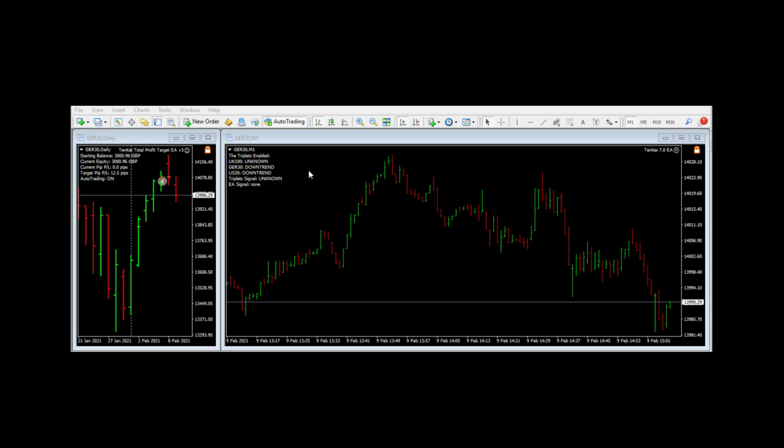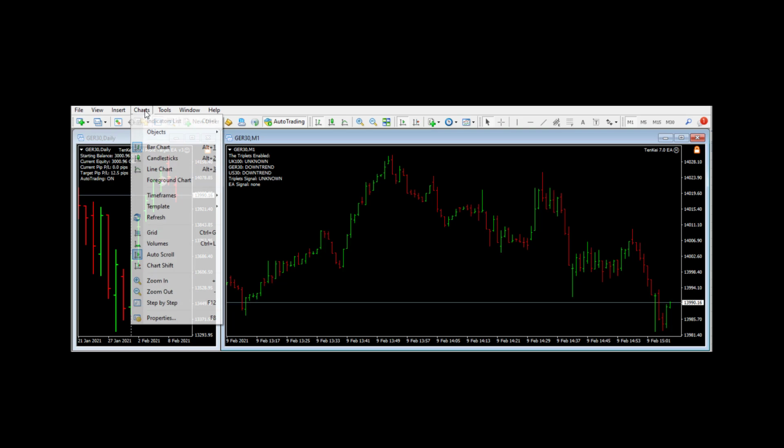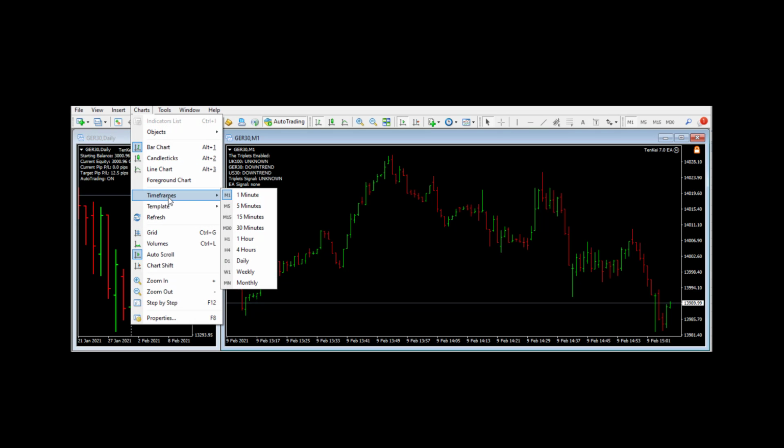Top-down trading states that when you are trading, you look from the top down. This is in reverse order, but top down. Monthly, weekly, daily, 4-hourly, hourly, 30 minutes, 15 minutes, 5 minutes, 1 minute, and you can even go to seconds if you wish. But top-down trading, that's what it is.